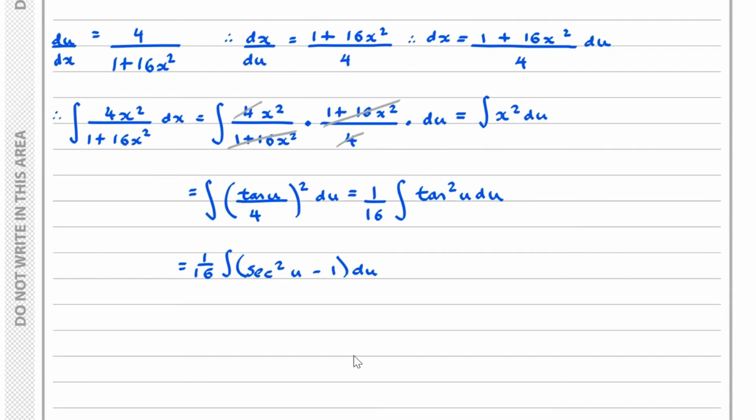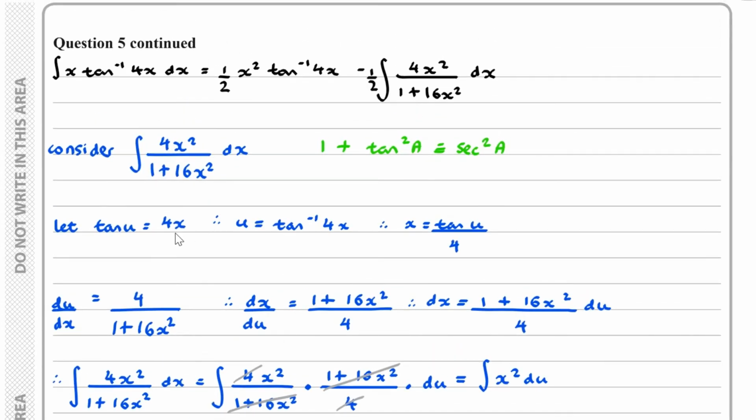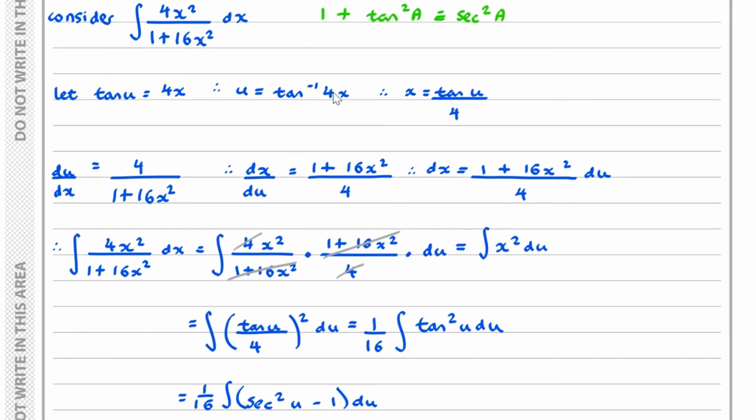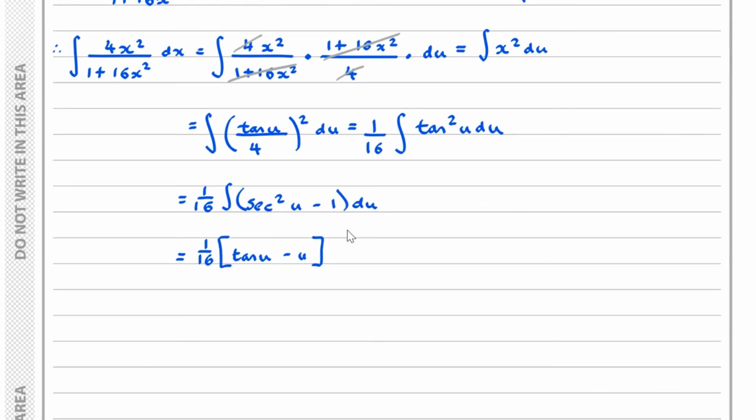So if we integrate, what we're left with is 1 over 16 lots of tan u minus u, and what we can do is, knowing that tan u is equal to 4x, and knowing that u is equal to the inverse tangent of 4x, we can therefore conclude we have 1 over 16 multiplied by 4x minus the inverse tangent of 4x.